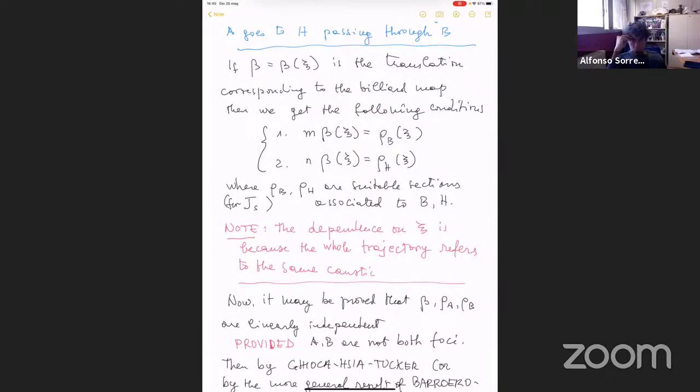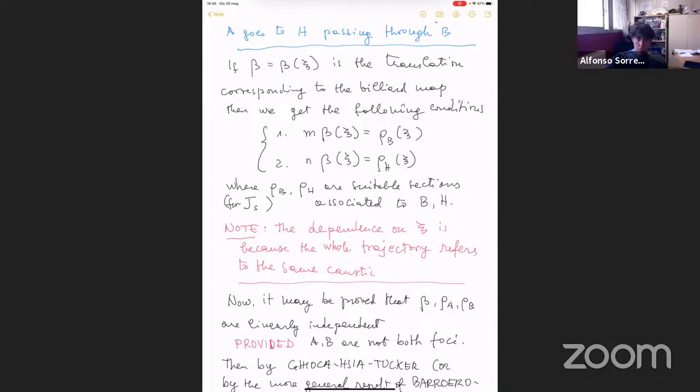I skip the details again, but it is just a matter of translating the formulation of the problem into the picture that I have given for the elliptical billiard, and we obtain, corresponding to the ball B and the hole H, two sections. There are two sections, and we have the billiard map, and you see we have two equations for the billiard map, which have to be verified for the same value of the slope.